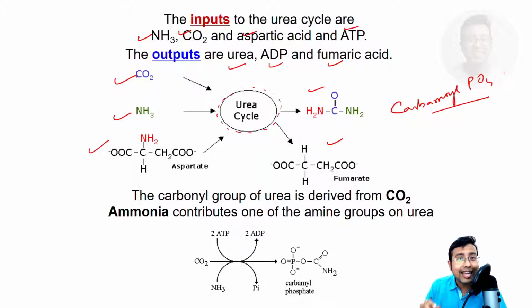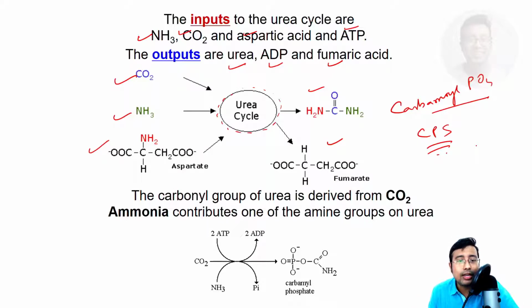So the enzyme that catalyzes the first step of the urea cycle is known as carbamoyl phosphate synthetase, also abbreviated as CPS. So CPS is the first enzyme of the urea cycle.